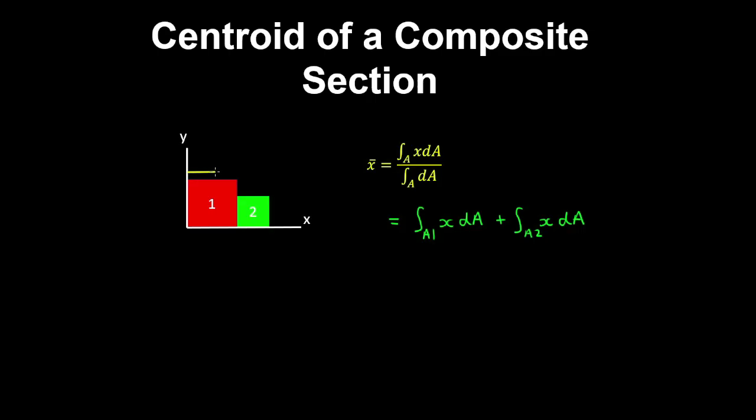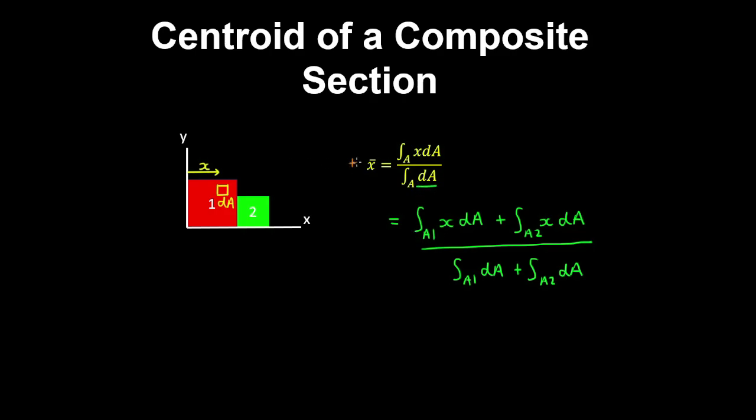And basically this distance x is measured from some origin. And we divide this by the integral over area 1 plus the integral over area 2. Effectively evaluating the integral in the denominator piecewise.